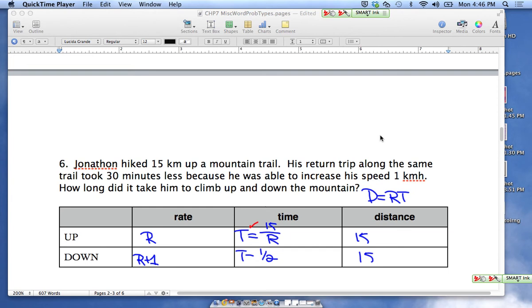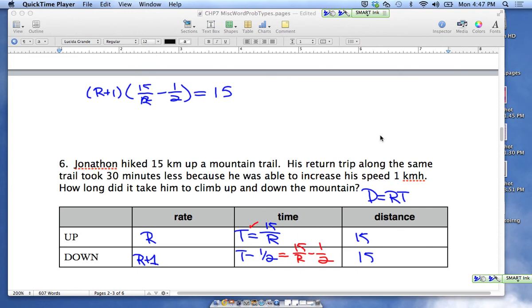So if I replace the T in the time down with the expression 15 over R, I now have a down portion of the trip all described with the variable R. So to set up my relationship for solving, I have my rate of R plus 1 times my time of 15 over R minus 1/2, and that equals a distance of 15 kilometers.